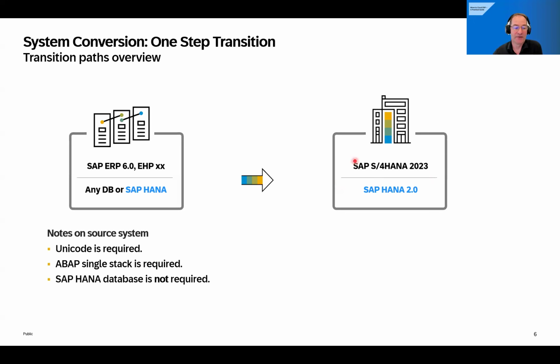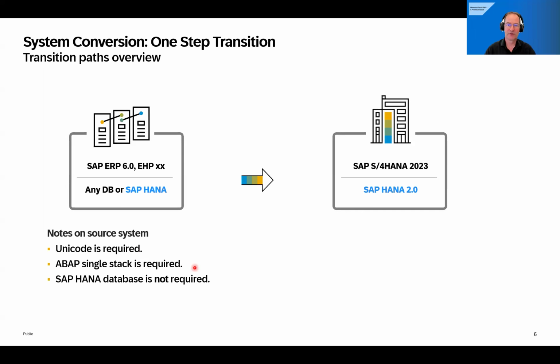It is required that the source system is already on Unicode. That is a story that SAP has laid out years ago. So the requirement for the source system: it has to be ERP 6.0 with or without enhancement packages, it has to be Unicode, and it has to be an ABAP single stack. What does it mean? Dual stack systems like we had before, running ABAP, like ERP, and Portal, Java, together on one database with one database ID, are not supported.